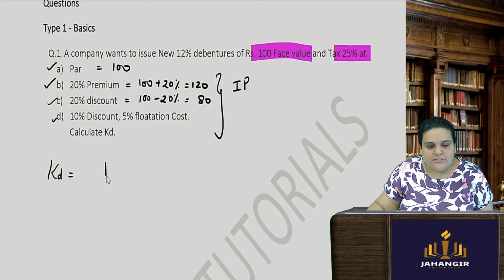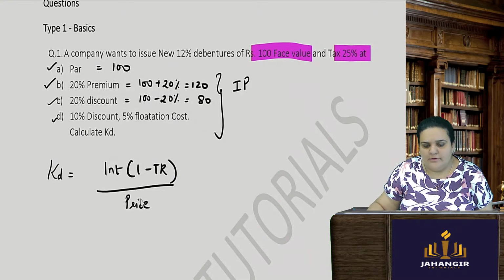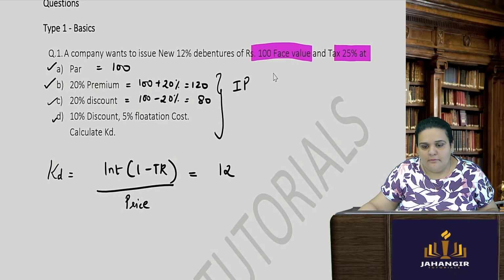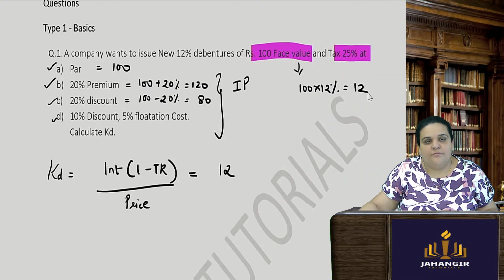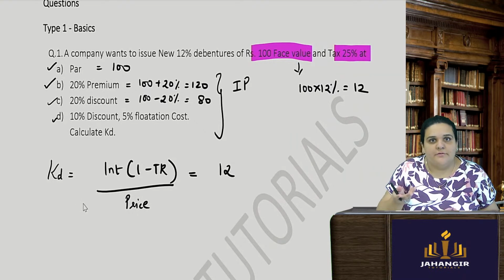So cost of debenture is nothing but interest into 1 minus tax rate, upon the price P0, whatever you can write. How much is the interest? Face value is 100 and interest is 12%, so 12. Interest is always given on the face value.